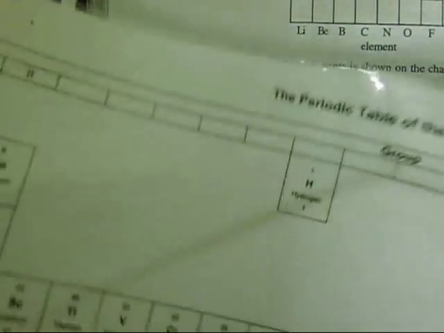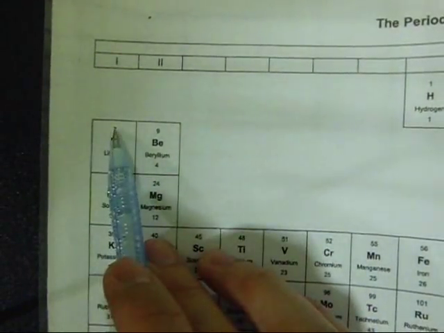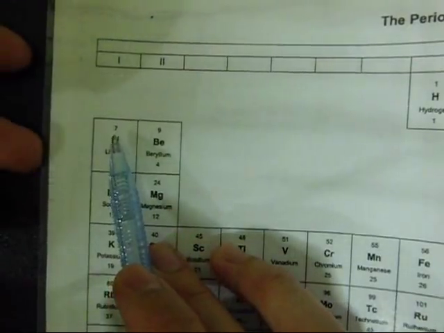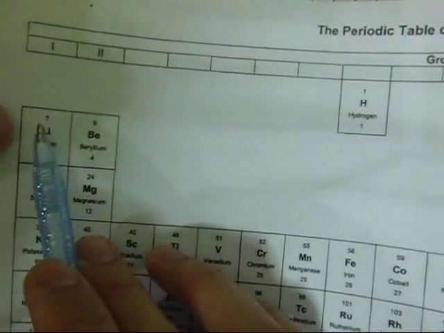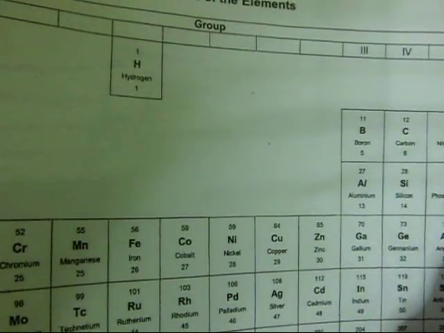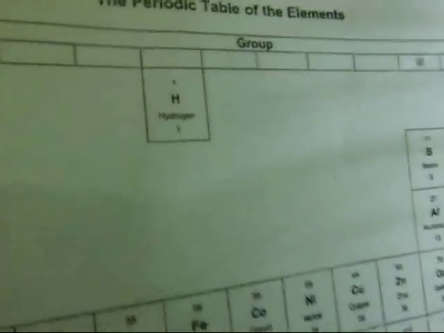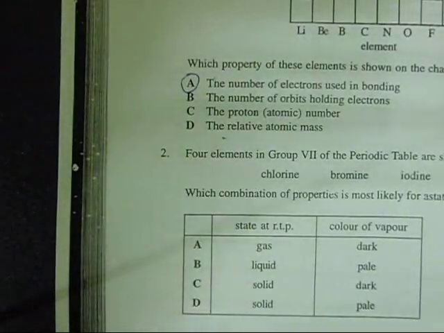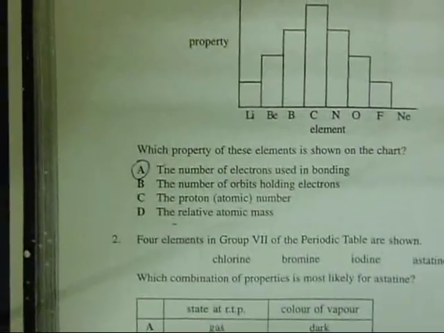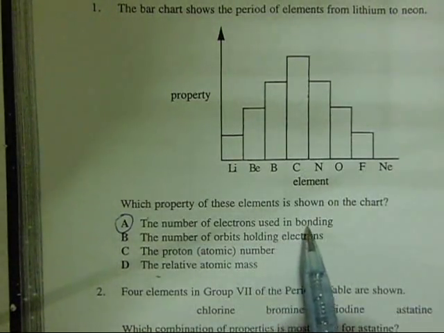The last one would be relative atomic mass, which is actually the top number, the mass number. As we go across, we have 7, 9, and then 11, 12, 14, 15, 16, 19, 20. So it all the way increases. So it cannot be this answer as well. So the answer for this question is confirmed to be A, the number of electrons used in bonding.